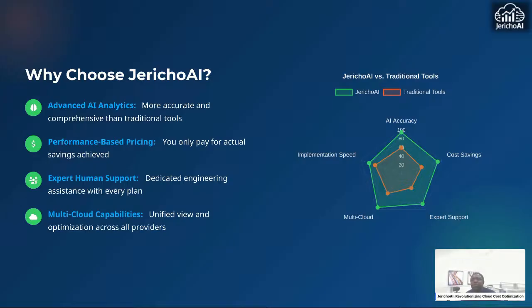And then beyond that, we provide expert human support, a kind of dedicated engineering assistance, plugged into every plan. We have a 14-day free trial, and the basic plan, which is $19 per month and has 1 hour of dedicated support.